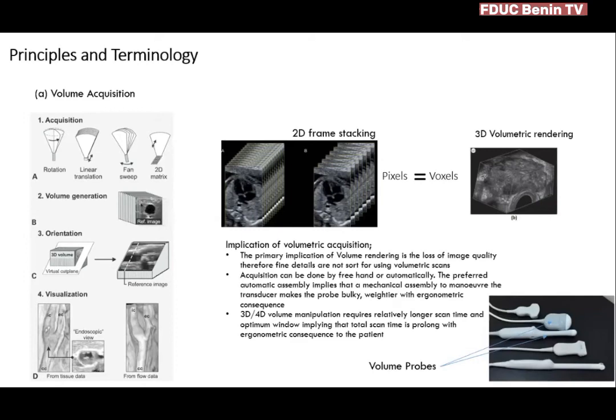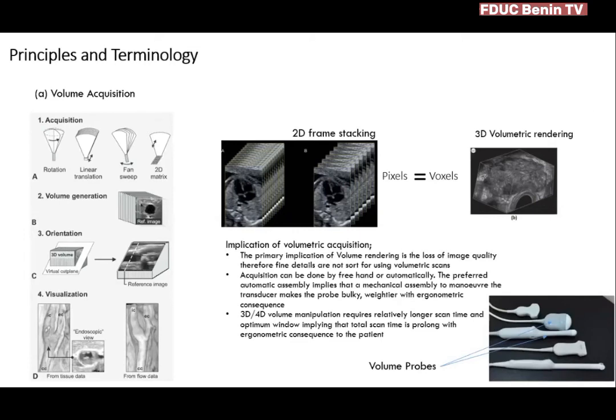Today, this is done entirely by the machine. The operator will just have to place the probe, and the probe assembly is designed to acquire the volume set automatically. Because there is an extra mechanical component added to the probe, it implies that the probe will be a lot bulkier and a lot heavier than the conventional 2D probe.